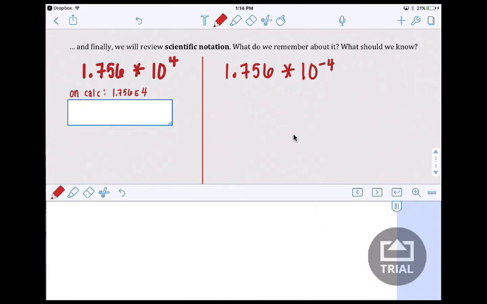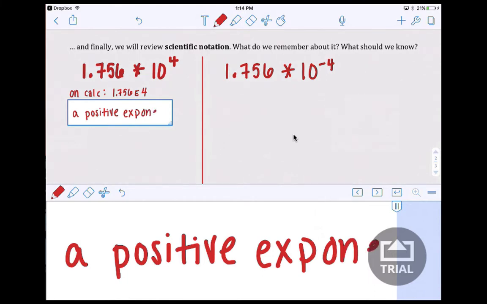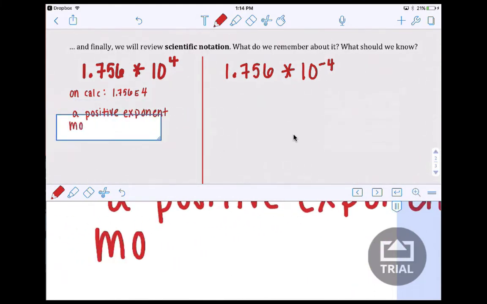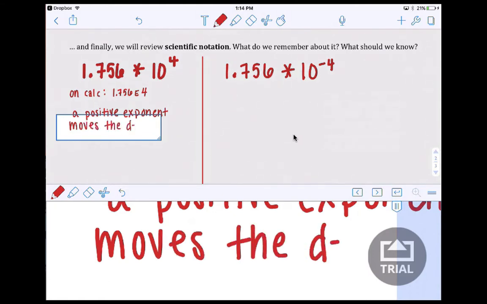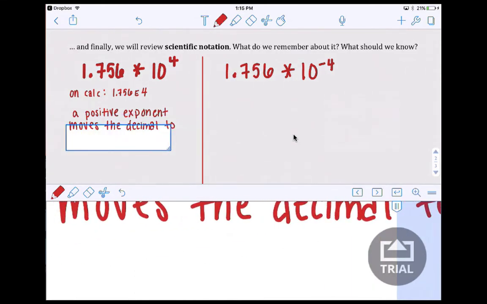So when you have times 10 to the fourth, a positive exponent moves the decimal to the right.